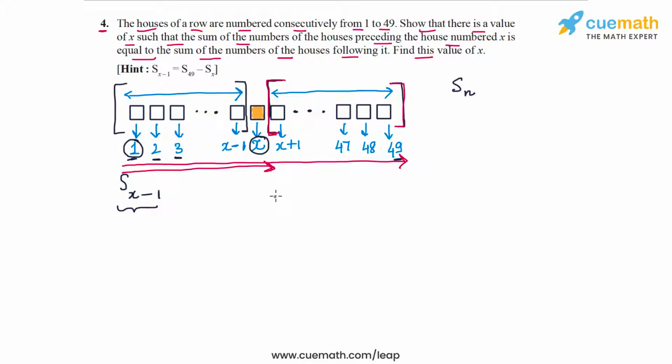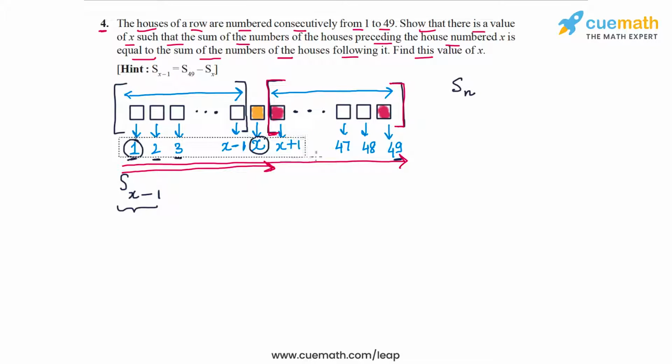So follow me again carefully. To find the sum from x plus 1, this house, up to this house 49, we take the total sum from 1 to 49, and from that sum we subtract the sum up to x. So let me highlight this.